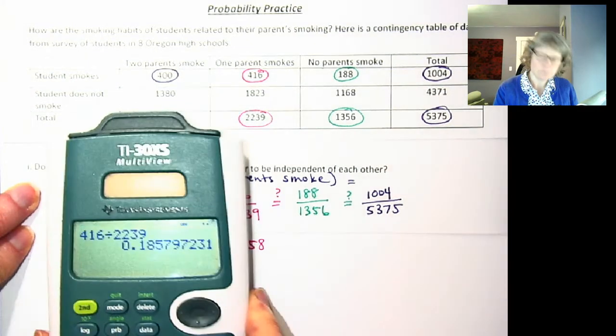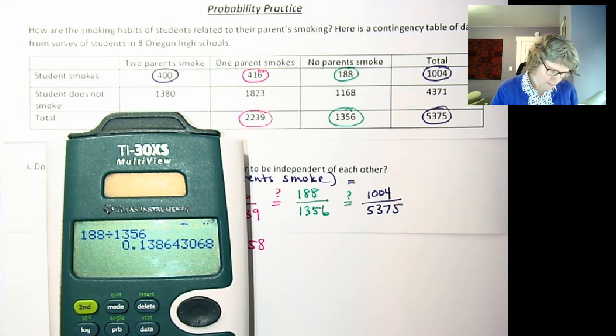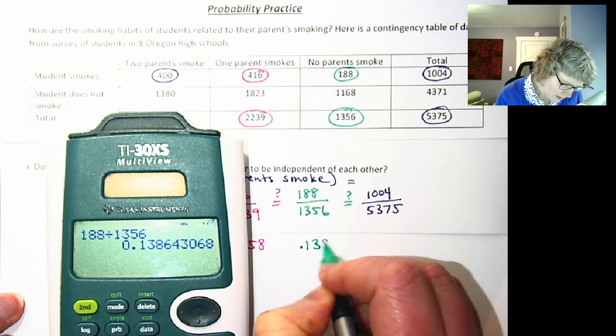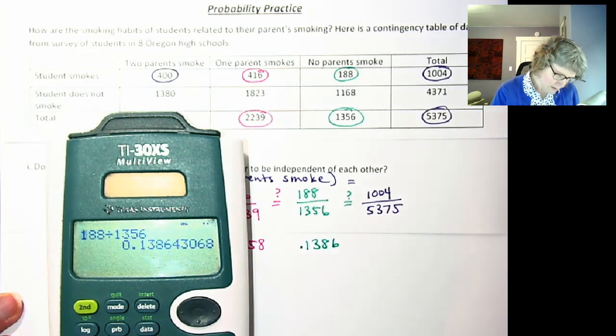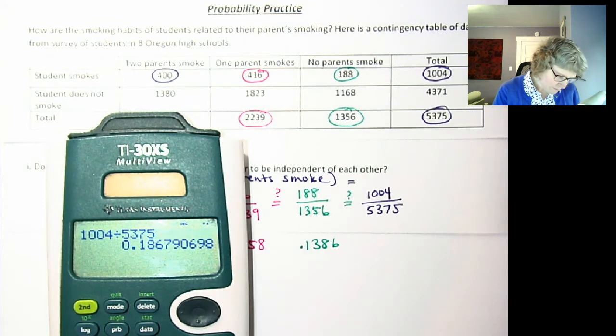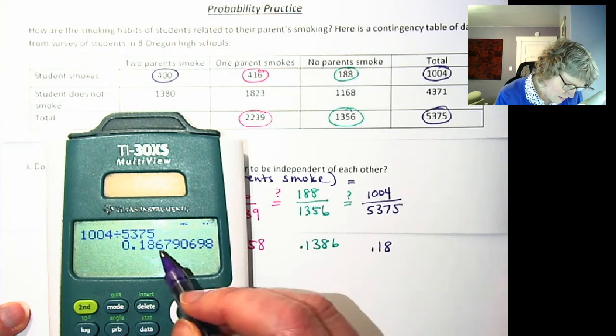Here, 188 out of 1356 is 0.1386. And 1004 out of 5375, this is the overall, or you can kind of think of it as the average, is 0.1868.